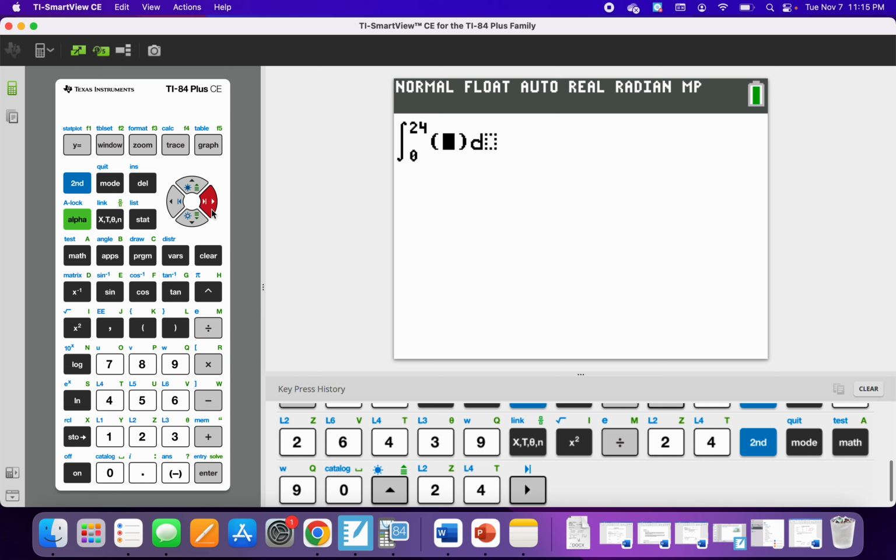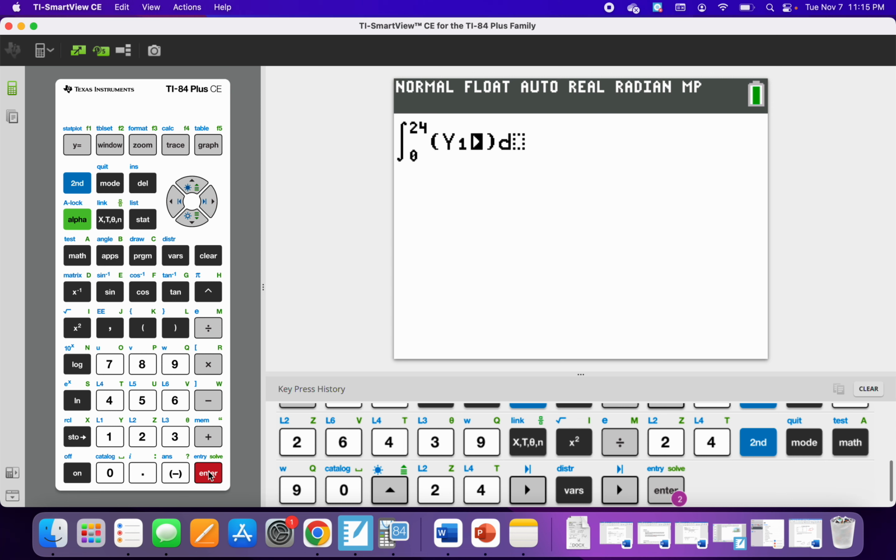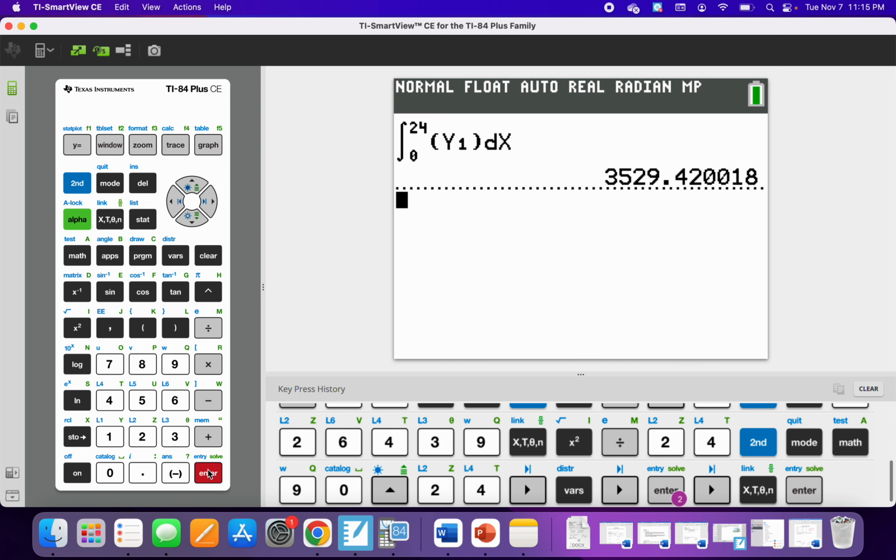I'm not going to retype that whole M of t again. I'm going to go to my Y variables, and then my function. That's my y1 function. I did type it out in terms of x on my calculator. So I'm just integrating my M function from 0 to 24.